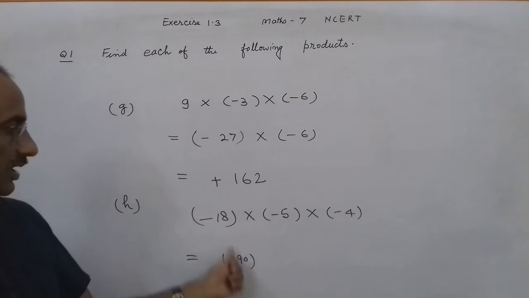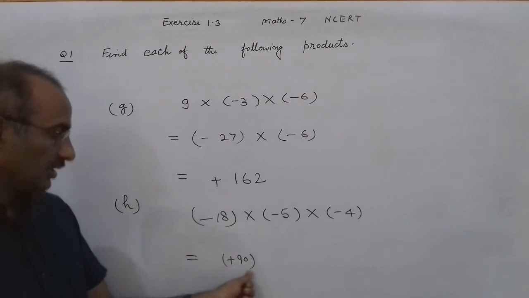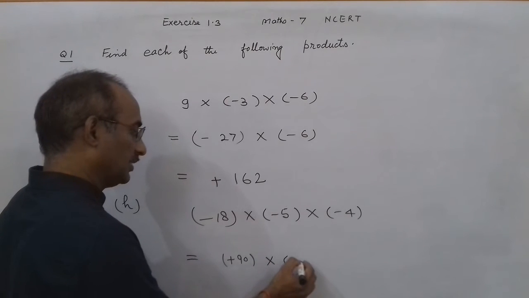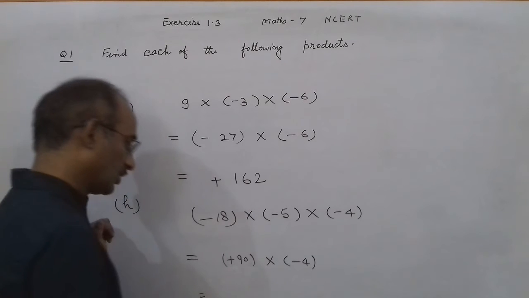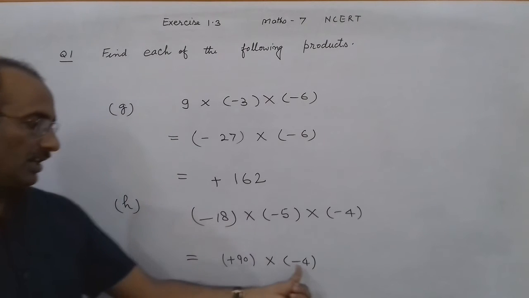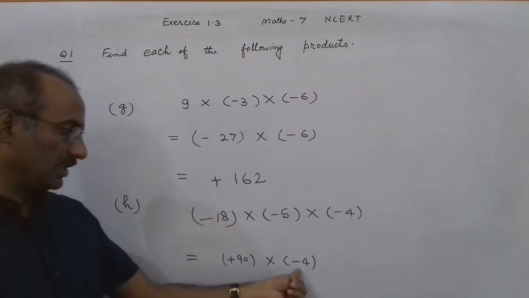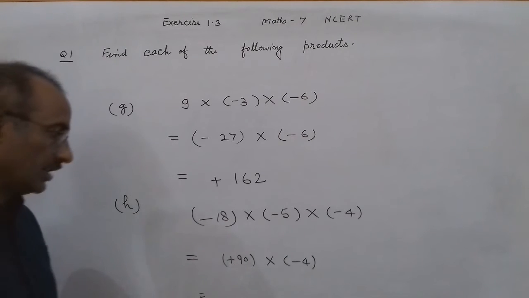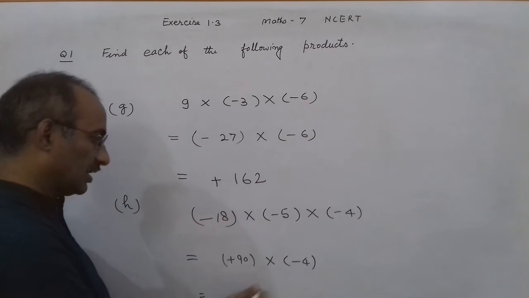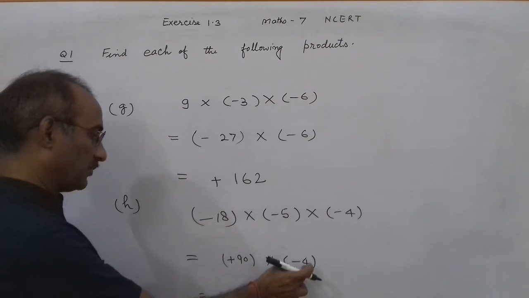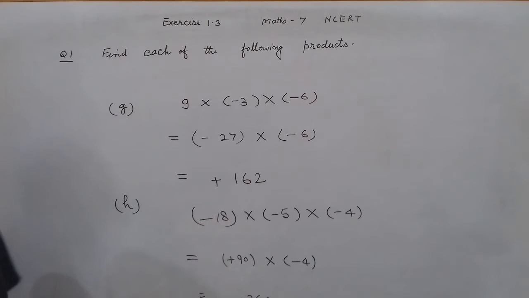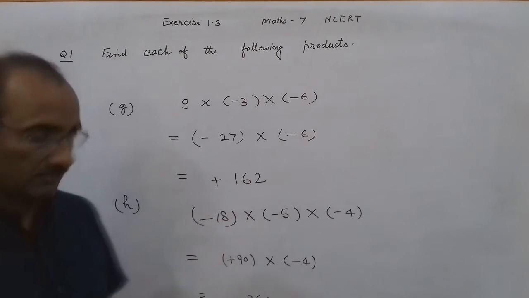So here we write 18 fives are 90 and put a plus sign here. And then we multiply it with minus 4. So in this step we have a positive integer and a negative integer, and if we multiply a positive integer with a negative integer, we get a negative integer. So put a negative sign here and then multiply 90 with 4. So we get 4 nines are 36 and a 0. So our answer is minus 360.